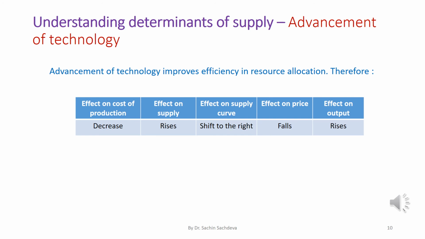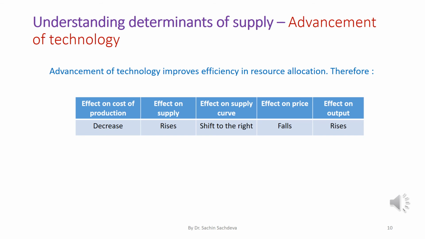So the cost of production reduces because of advancement of technology. And whenever the cost of production reduces, or when our productivity increases, we are able to produce more with fewer inputs. With the same amount of factors of production, we can produce more, or we can produce the same amount of output with fewer factors of production. It indicates we have developed a technology to make better use of our resources. So that's called advancement of technology.